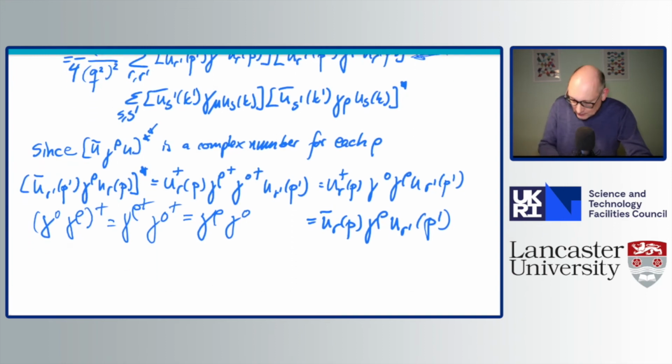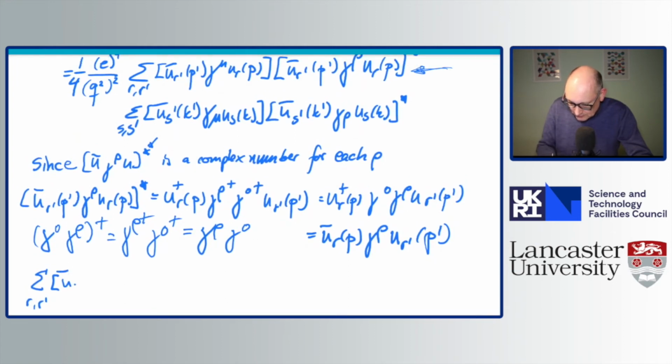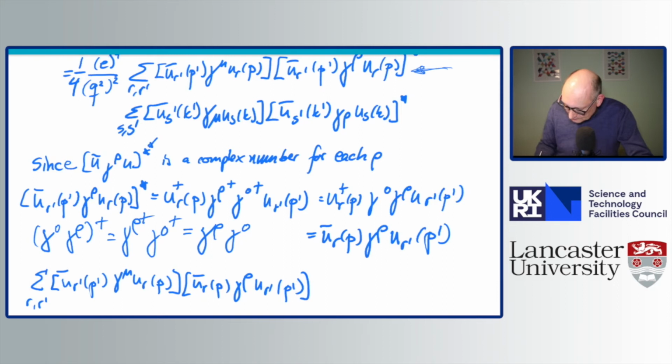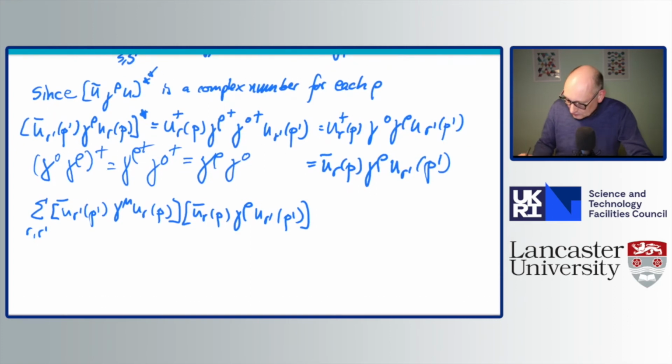So therefore, what we get is the sum over R and R′ of ū_R′(p′) γ^μ u_R(p), and then what we've just written, ū_R(p) γ^ρ u_R′(p′).